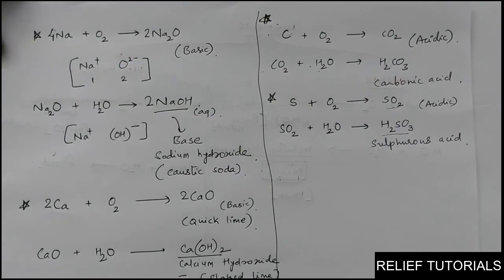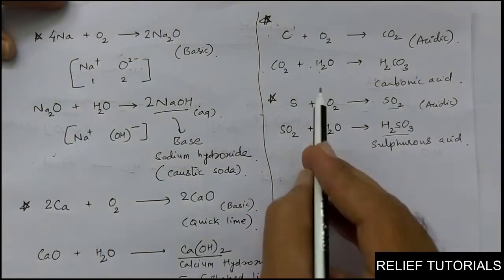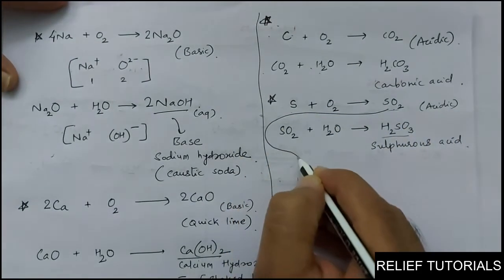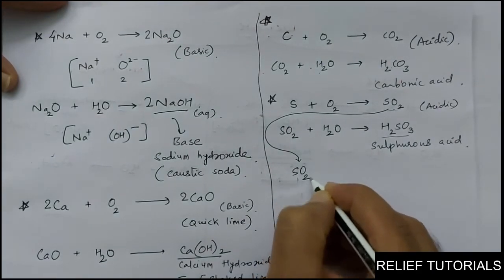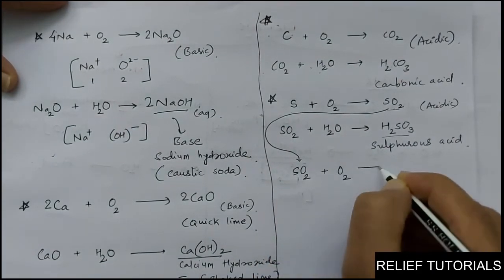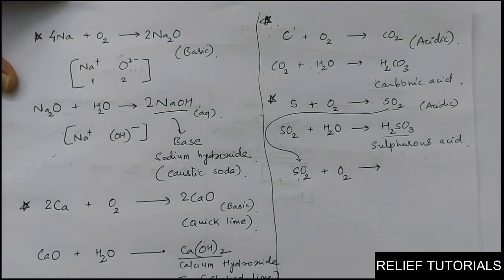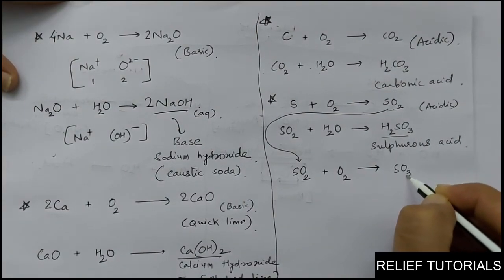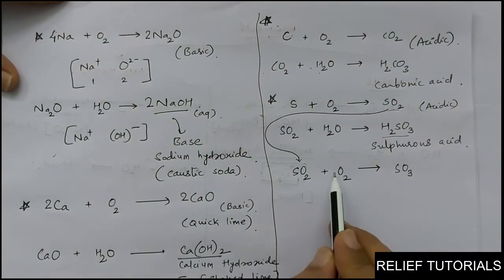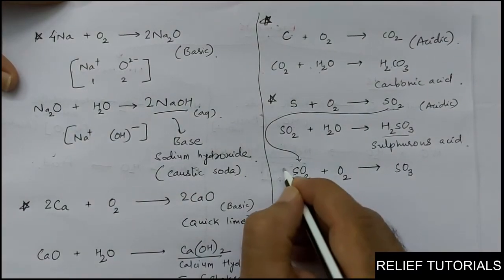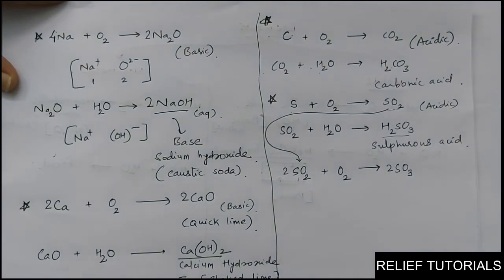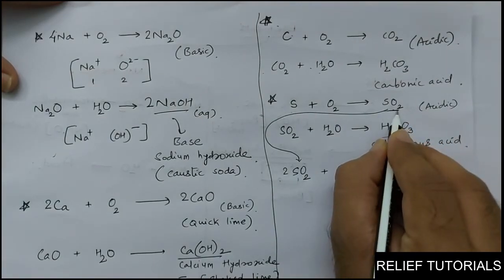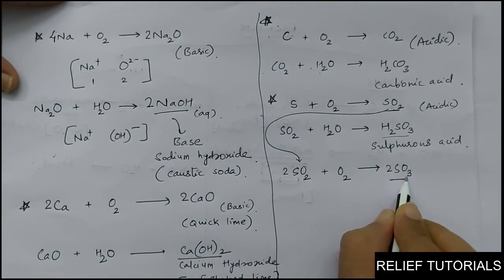Now you might have a question: how does sulfuric acid form? See, when sulfur reacts with oxygen, it forms sulfur dioxide, and if the reaction goes further, when sulfur dioxide reacts with an excess amount of oxygen, it forms sulfur trioxide. You can write half here to make the equation balanced, otherwise 2 here and 2 here. So sulfur trioxide: this was sulfur dioxide, 2 was here, so dioxide; 3 is here, so it is trioxide.